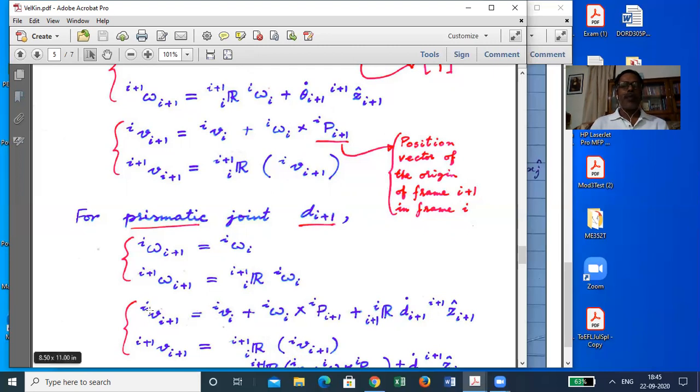And this whole thing you can multiply with this rotation transformation to get the expression in the next frame.